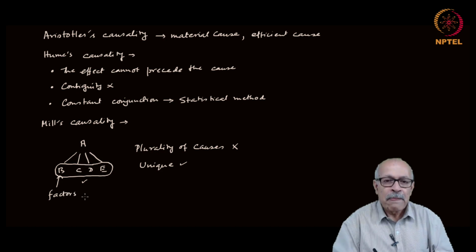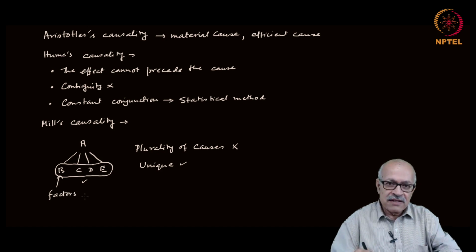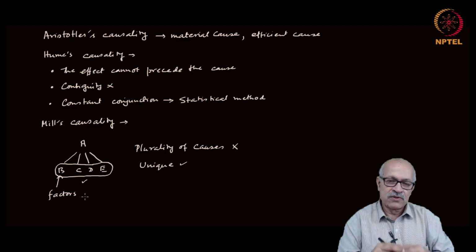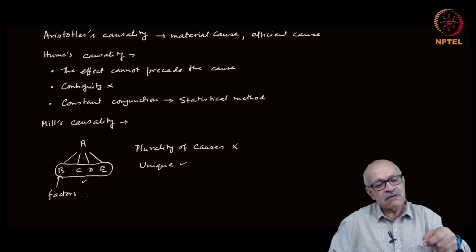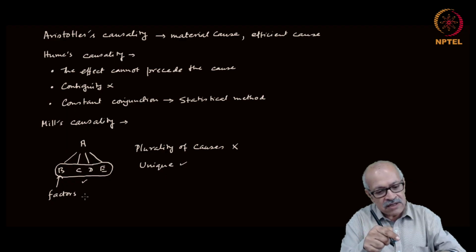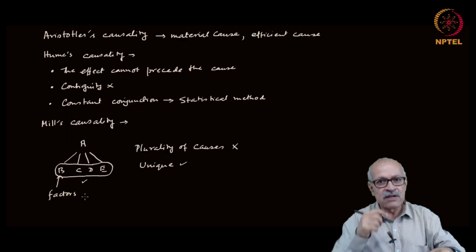For example, if you plant a seed, a plant grows, a sapling grows. Now, that event, if you analyze it, then you might say the existence of the seed is the cause. Another person may say no, because there is soil there, soil is the cause.